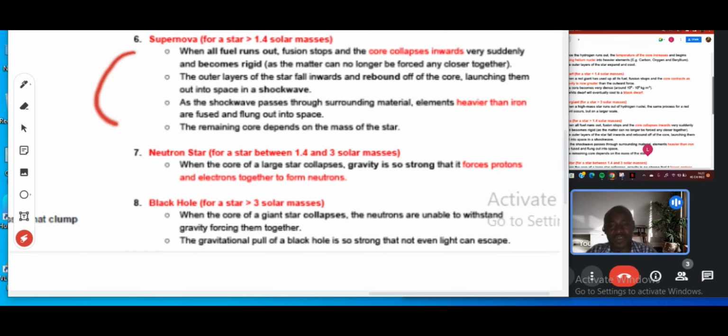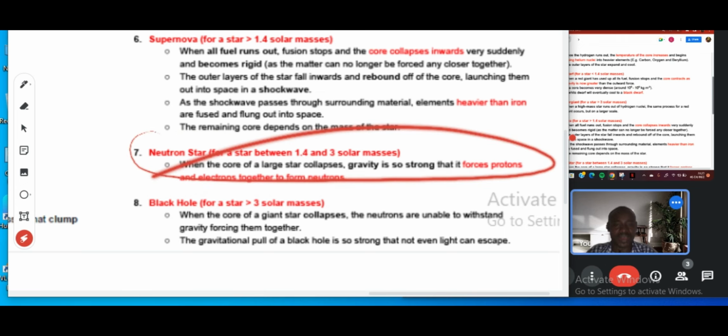Now, from a supernova, for a star between 1.4 and 3 times the mass of our sun, when the core of a large star collapses, gravity is so strong that it forces protons and electrons to form neutrons. The protons and electrons are converted to neutrons, forming what we now call a neutron star. So a neutron star consists of just neutrons. That's why the name is called neutron star.